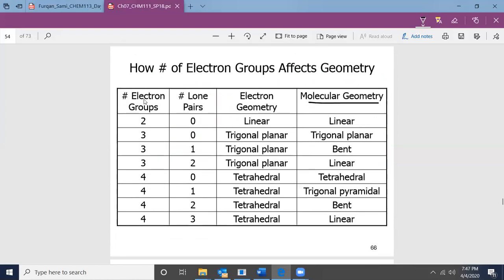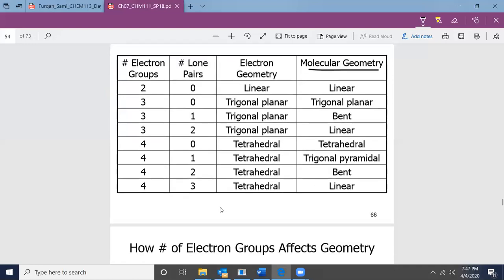Okay, so now what are we looking for? When we are looking for the electron geometry and the molecular geometry, our focus should be on the central atom. Always the central atom. There may be molecules where you have 2 centers, like carbon to carbon, or 3 centers, like this. Then you have to look at what you have on each center.